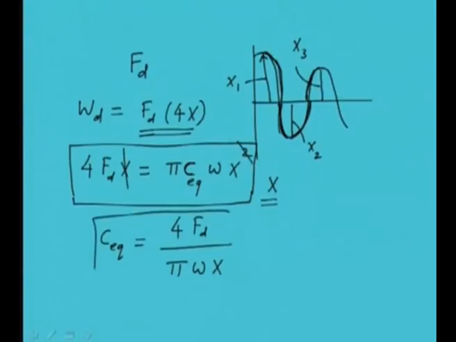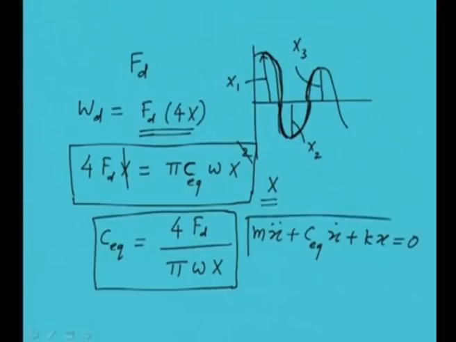So this is the equivalent damping. Now once we have this, we can use our conventional equation, and we have already analyzed this particular equation in great detail. So all the equations are valid for this case. So you can see that using this we could simplify our analysis in great detail.